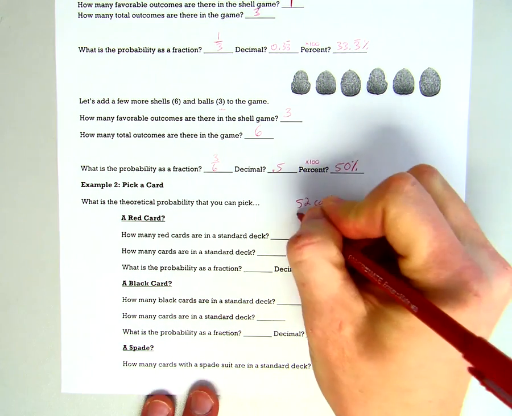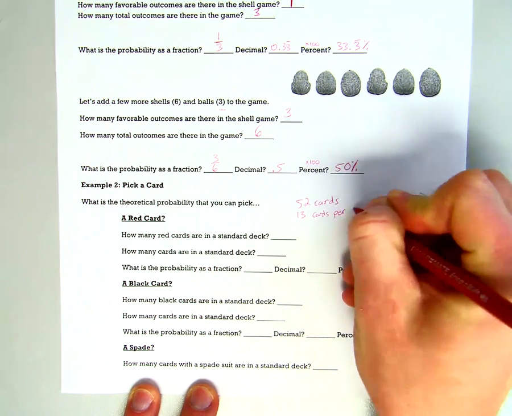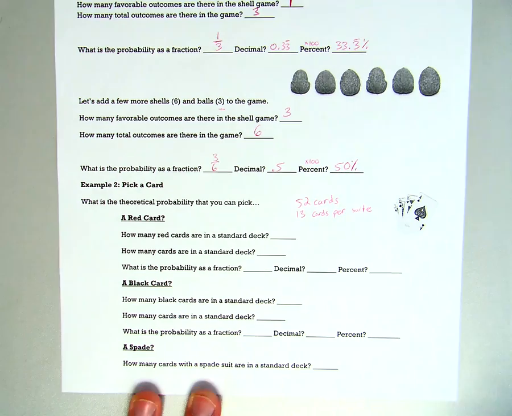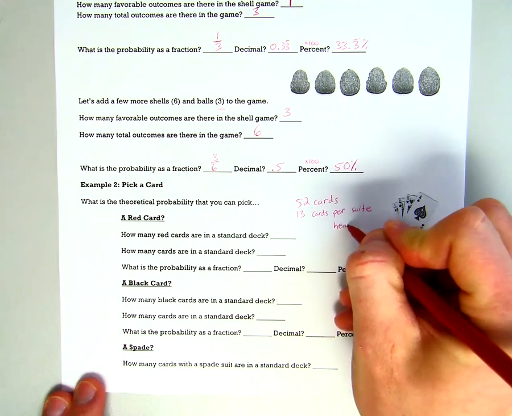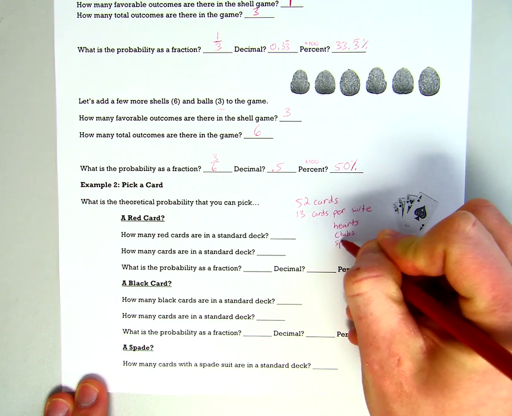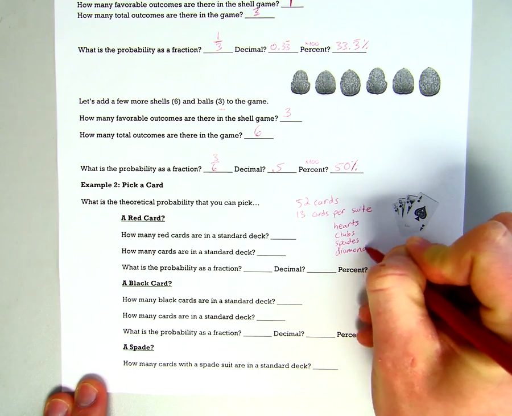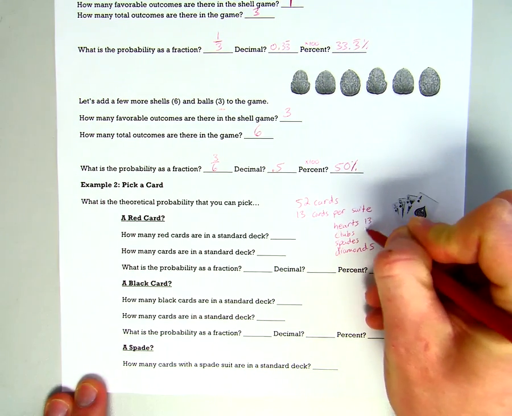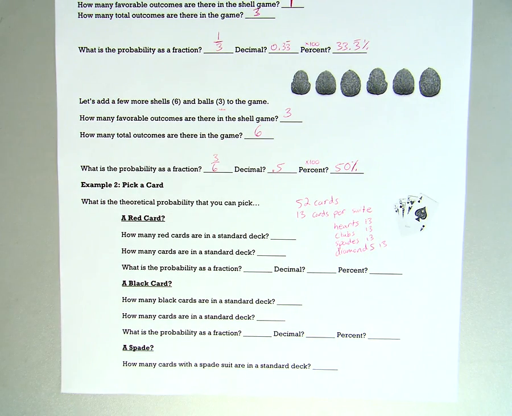There are 13 cards per suit. Our suits are hearts, clubs, spades, and diamonds, and there's 13 of each of those. That gives me my total of 52 cards.